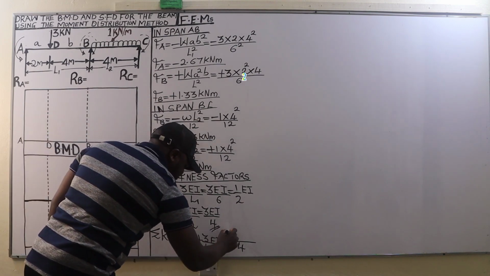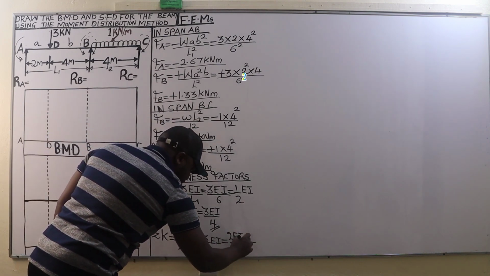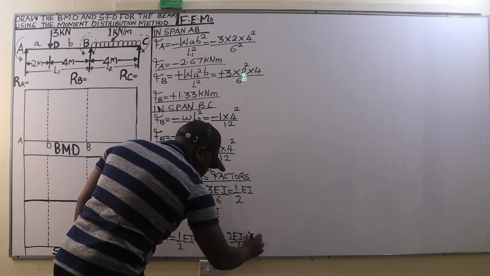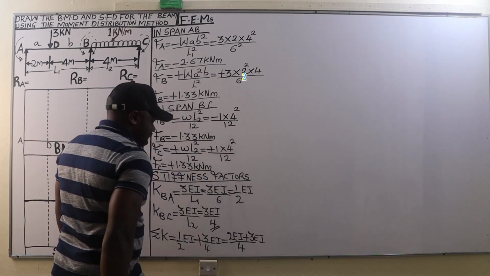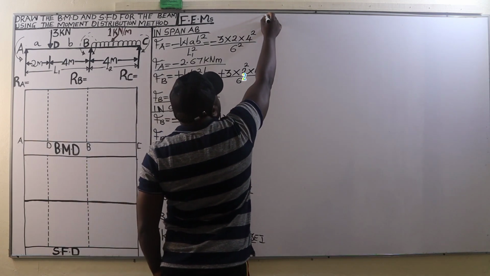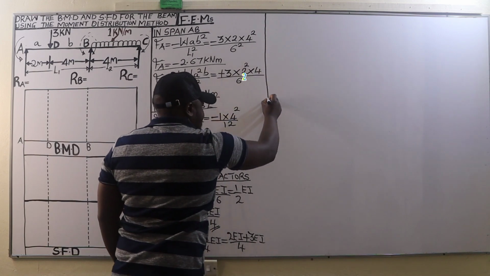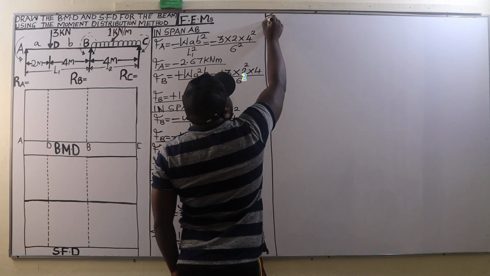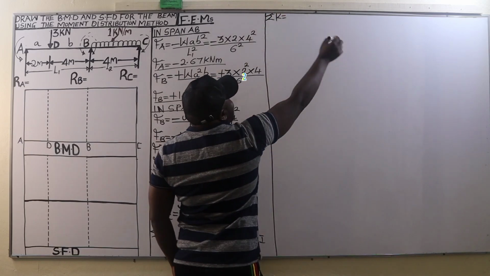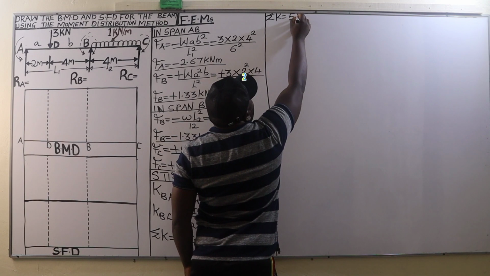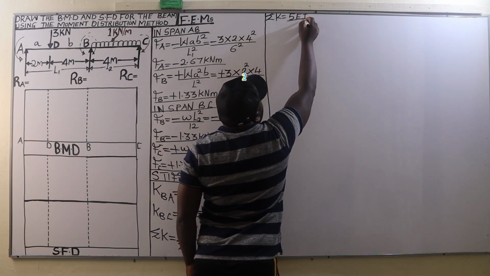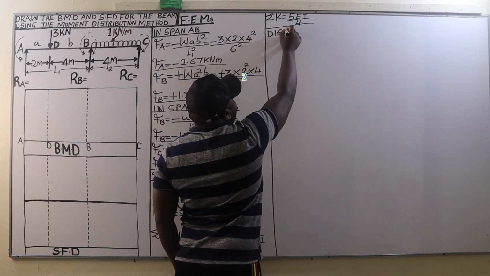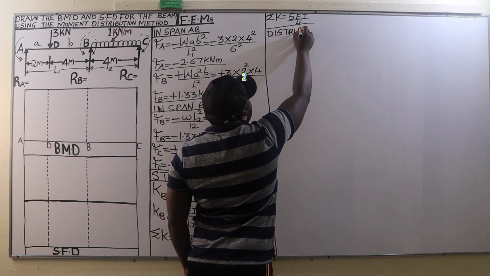So this is going to be 2EI plus 3EI, which is going to give us a total stiffness factor, summation of K, of 5EI divided by 4.